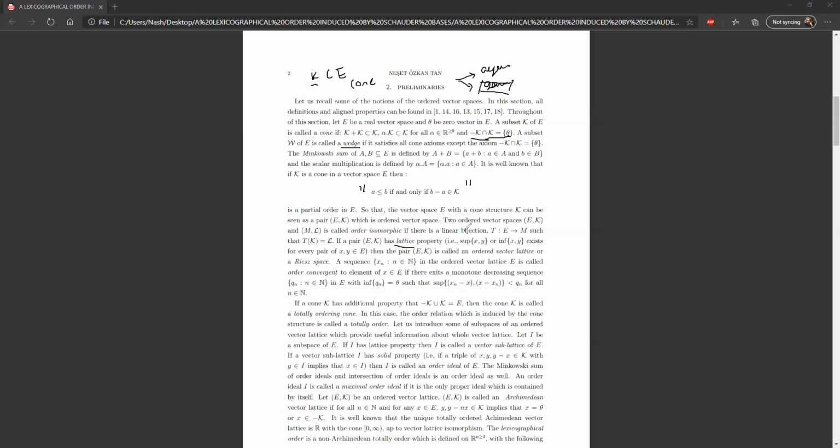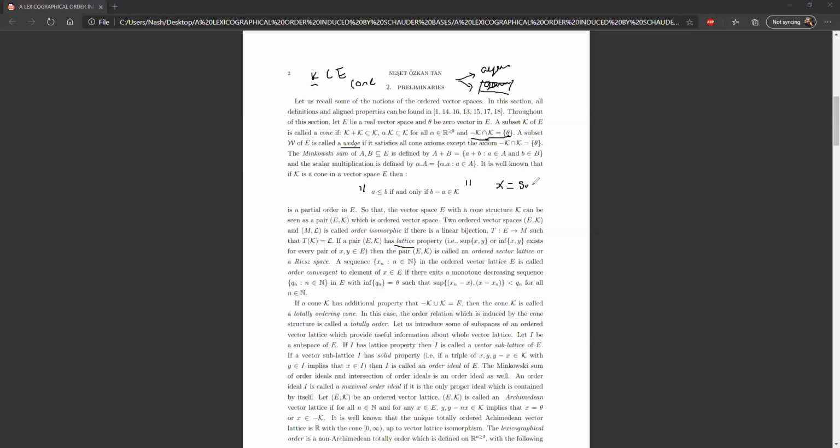If we have a supremum or infimum of each x and y in a vector space, then this property is called the lattice property. If we have this property, then we have a really good decomposition.